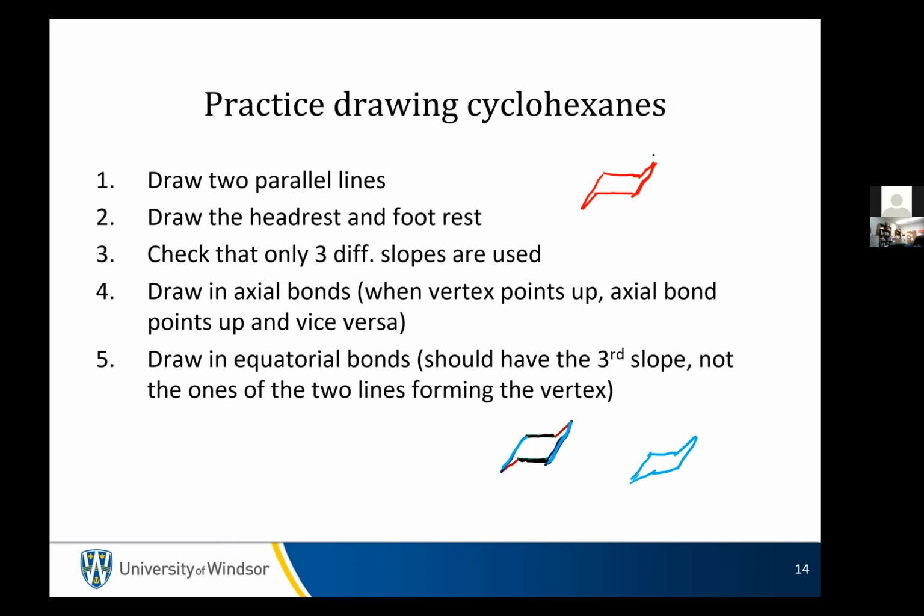What we should have now is that every single atom has an axial, and they change over. If I take a look at this carbon, the axial, the vertical one, is up. And the next two carbons over, it's down. We can see that in our drawing.